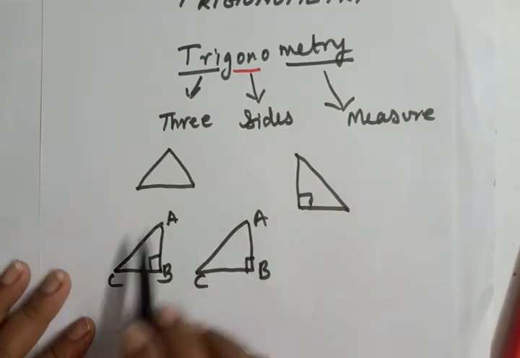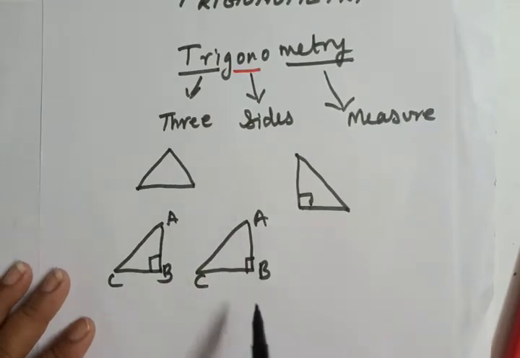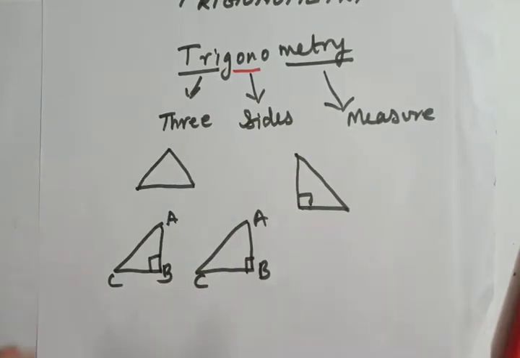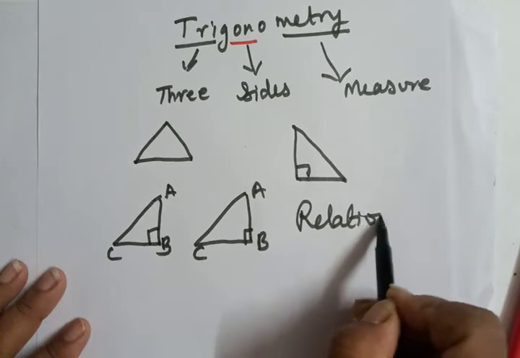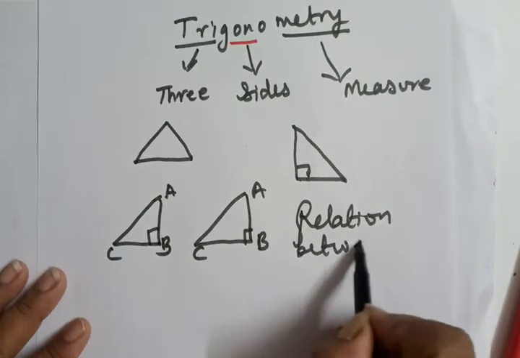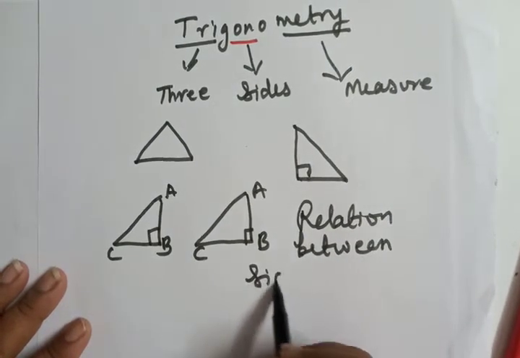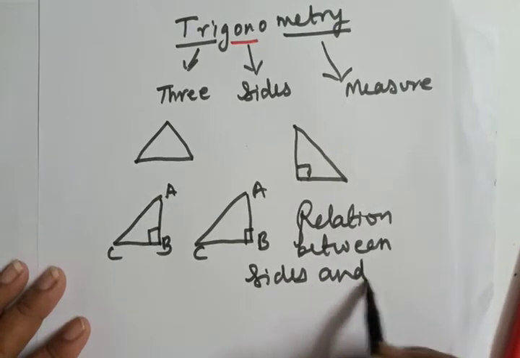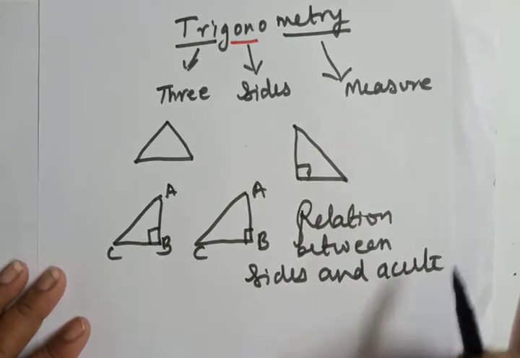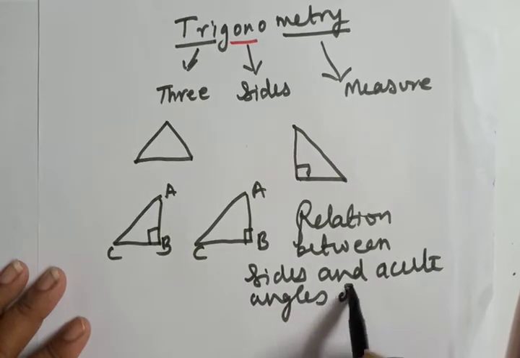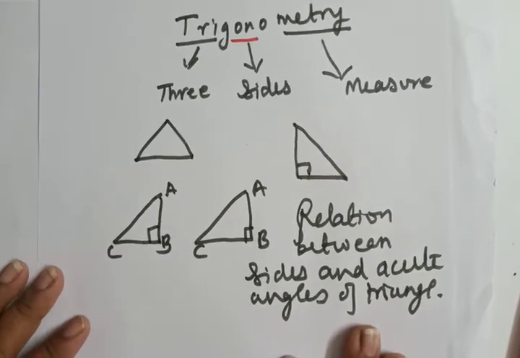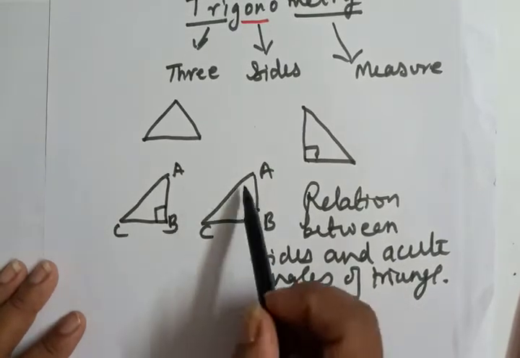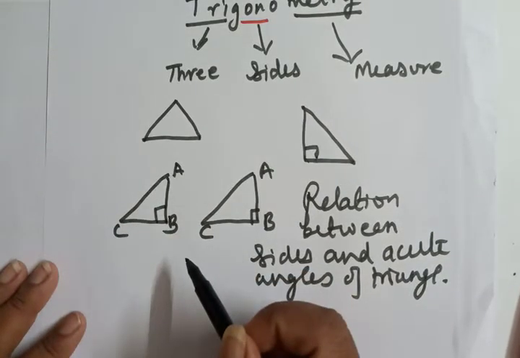What we do in trigonometry is study the relation between the sides and acute angles of the triangle.